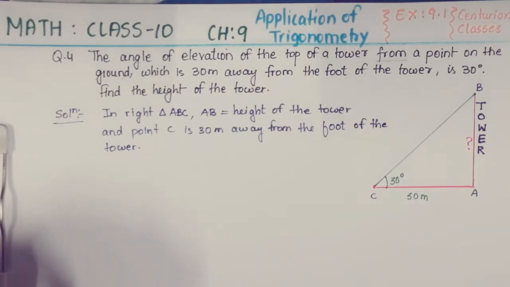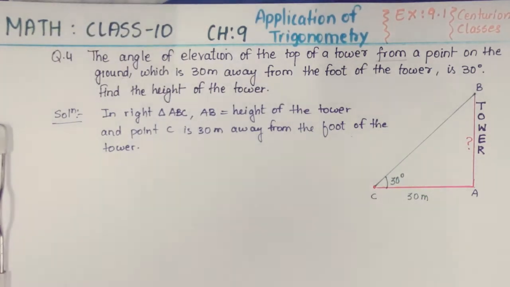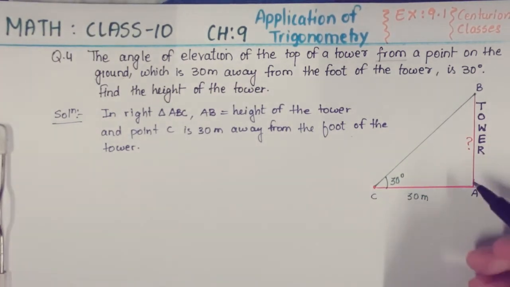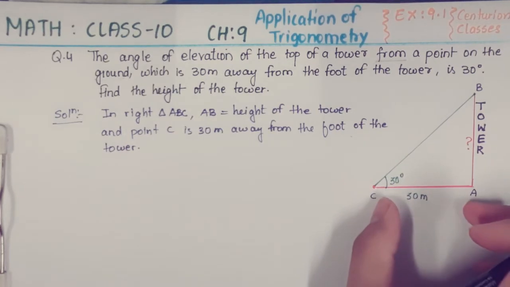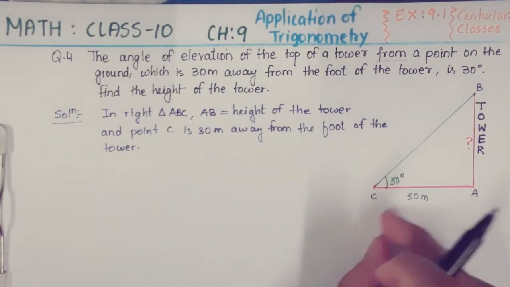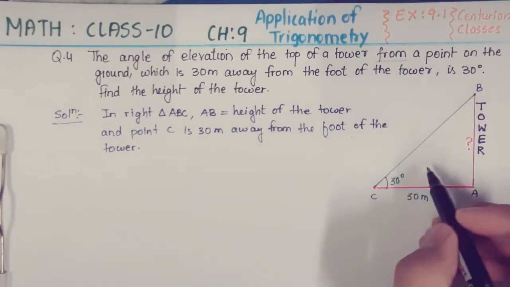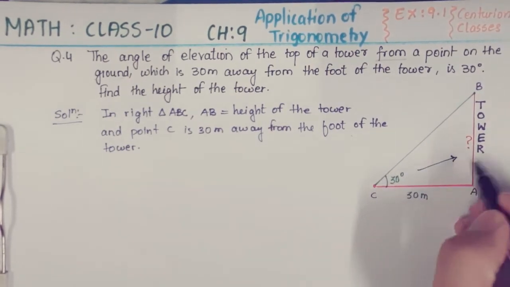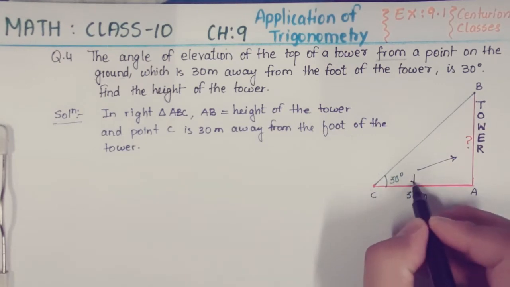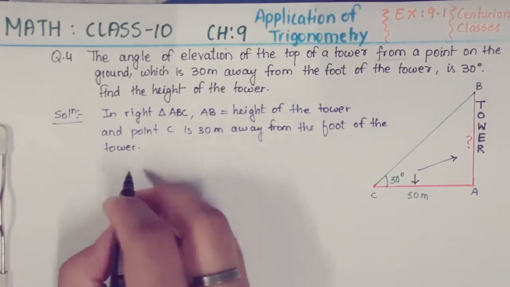Which ratio can we use over here? It is tan theta. Tan theta is opposite upon adjacent. We know the base is 30 meters, and the tower is what we want to find. So tan theta is opposite upon adjacent.